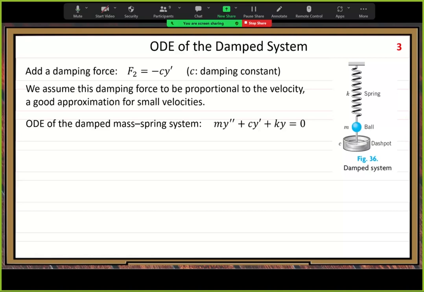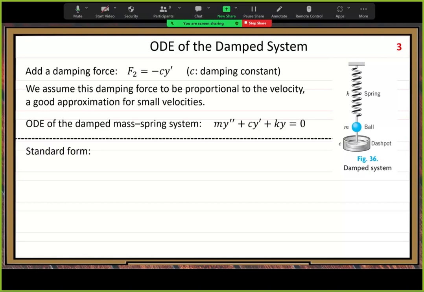So we have this three-term, second order, homogeneous equation with constant coefficients. All coefficients are constant, so we have the solution formulas.